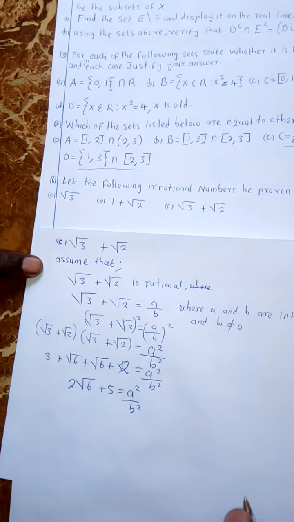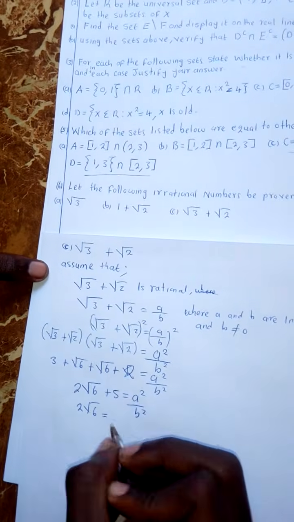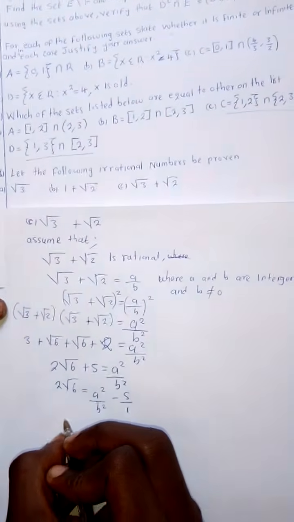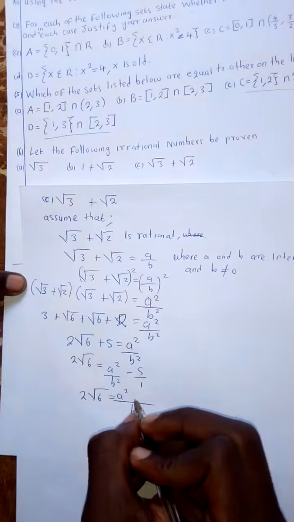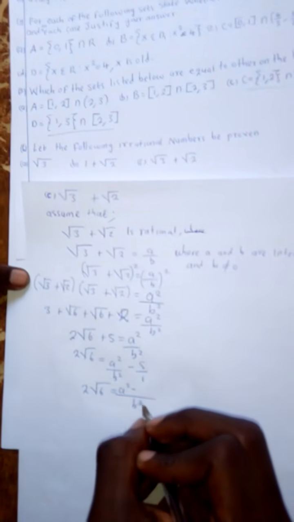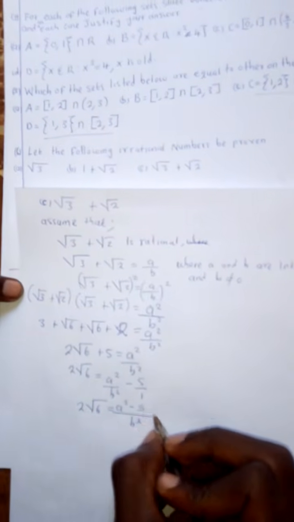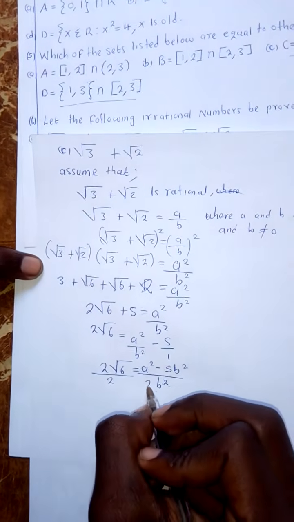Very simple. From here, we can say 2 root 6 equal to A squared over B squared minus 5 over 1. So this is going to be 2 root 6 equal to A squared minus 5B squared over B squared. Now we can say over 2, even here we say over 2.